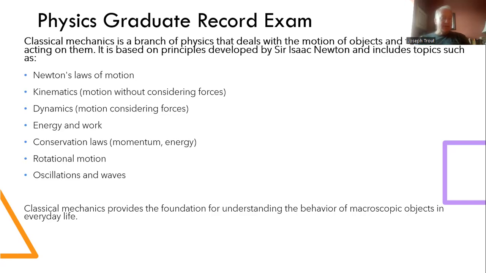It also talks about rotational motion. So, for example, not only the fact that your car tires are rolling, so that's a form of rotational motion, but also the fact that the moon is spinning and orbiting around the Earth. We also talk about oscillations and waves.